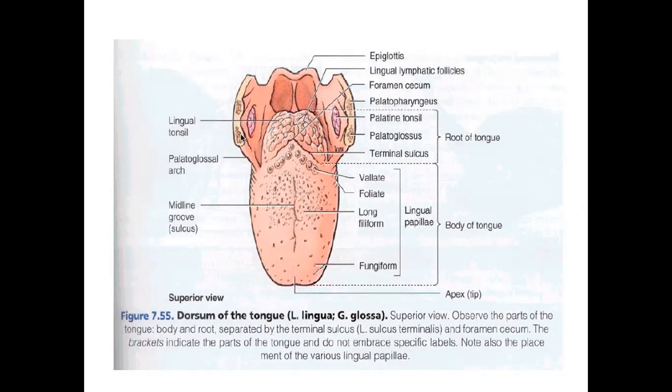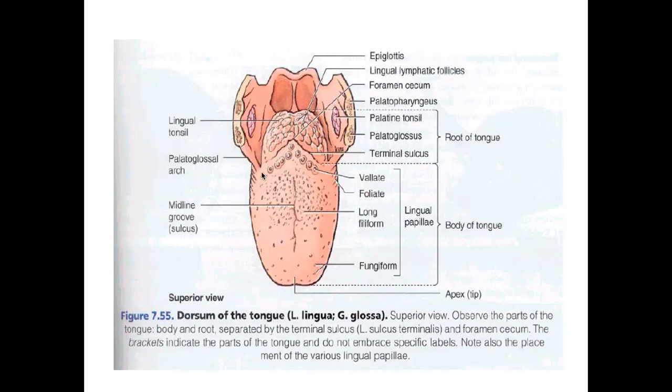Here we removed the hard palate, and we are looking on both sides of it. There are some folds on both sides, which come from the palate to the tongue. These are called palatoglossal folds.